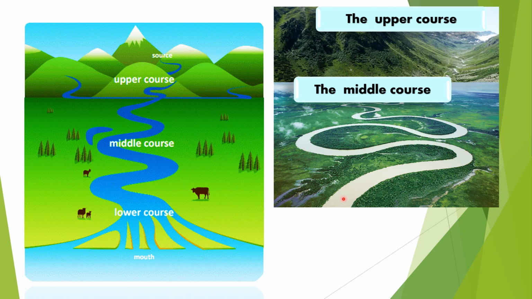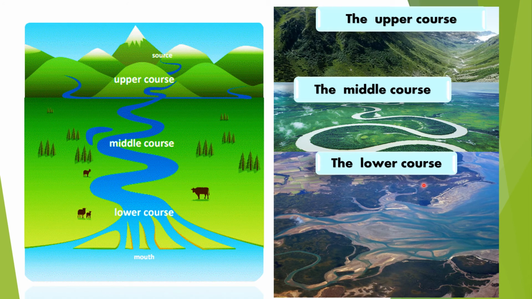Now, after this, children, the lower course or old age starts. Here they prepare themselves to meet rivers or oceans. In the lower course, rivers start preparing to end their journey.